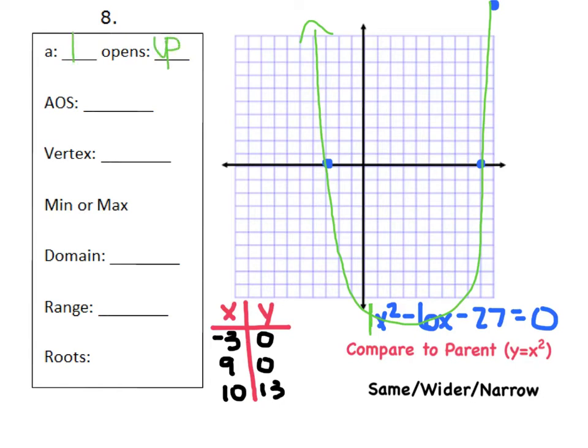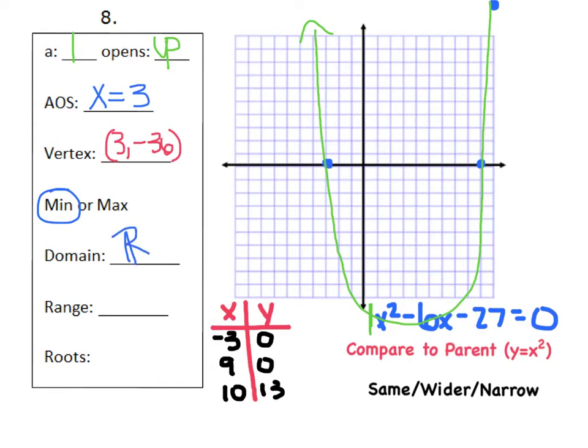The vertex for this graph is 3, negative 36. And what that tells me is that my AOS is x equals 3. If it opens up, that means I know it has a minimum point.